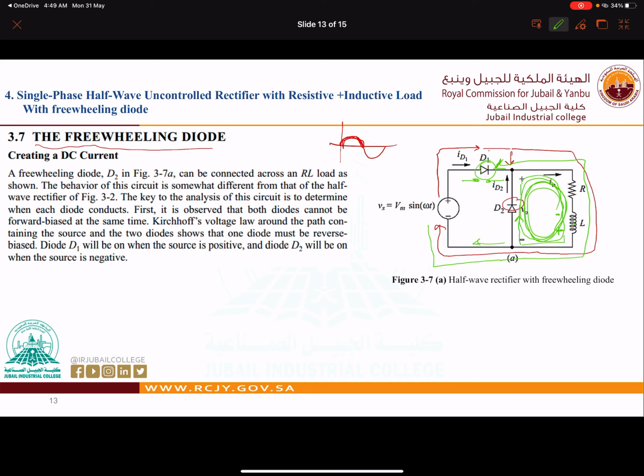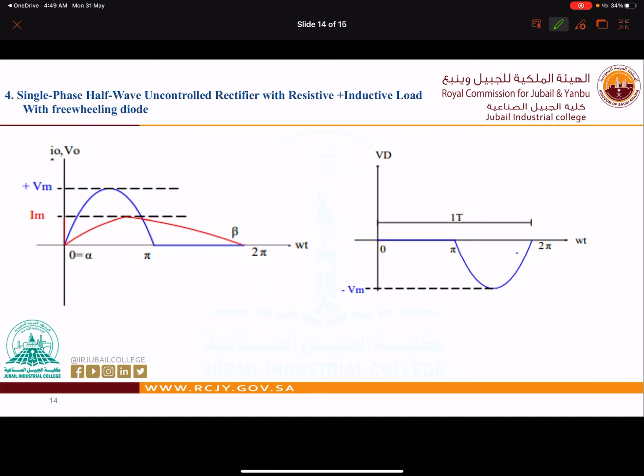We will see how it is working, inshallah, in this graph. Now let me just draw the supply. This is our supply, right? Now for the positive cycle, this is our supply here. This is our V output.